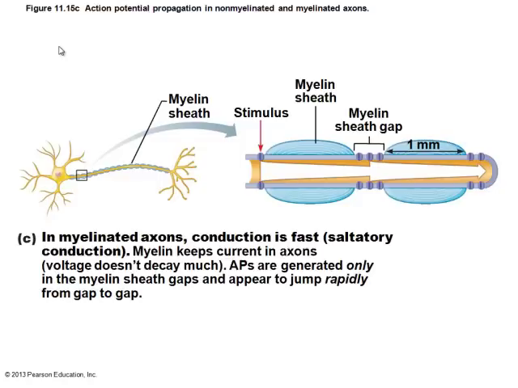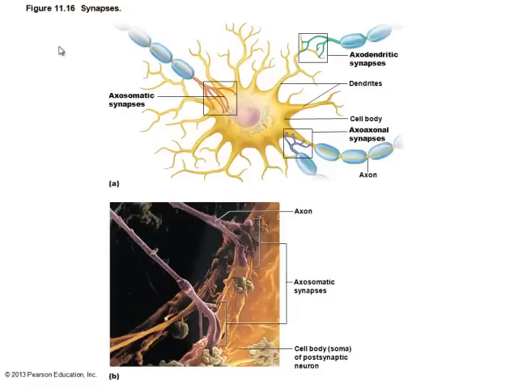It goes inside the axon from one node to the next. Does that make sense? So we don't lose that charge because of the myelin sheath. And that's going to allow this message to be sent very, very quickly. So myelinated axons can send message much more quickly than non-myelinated axons.